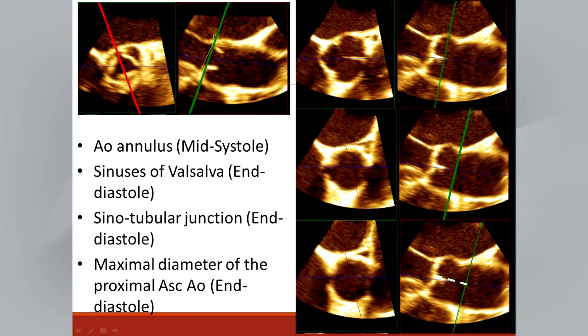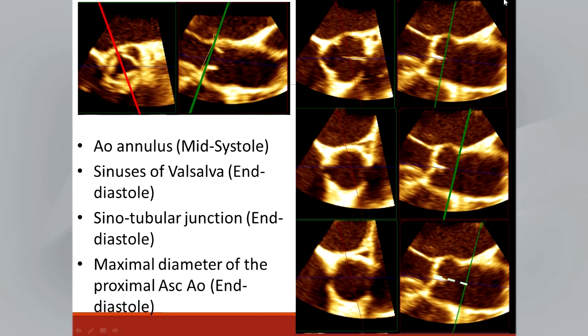When we, on the other hand, measure the sinuses of Valsalva, the sinotubular junction, or the ascending aorta, all of these measurements should be performed in end diastole. And here is something that is extremely controversial.